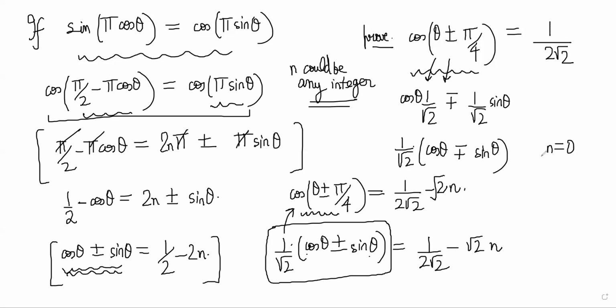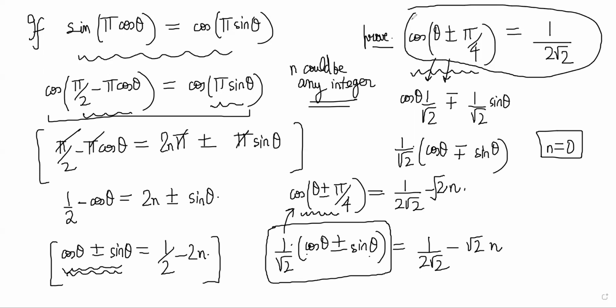If n was 0, obviously you'll get the thing that we want, right? If n is 1, let's see what happens. You get 1 by root 2 minus root 2, right? So this is becoming 1 minus 2 root 2 into root 2. So this is 4 by 4, root 2. So this is clearly minus 3 by 2 root 2.